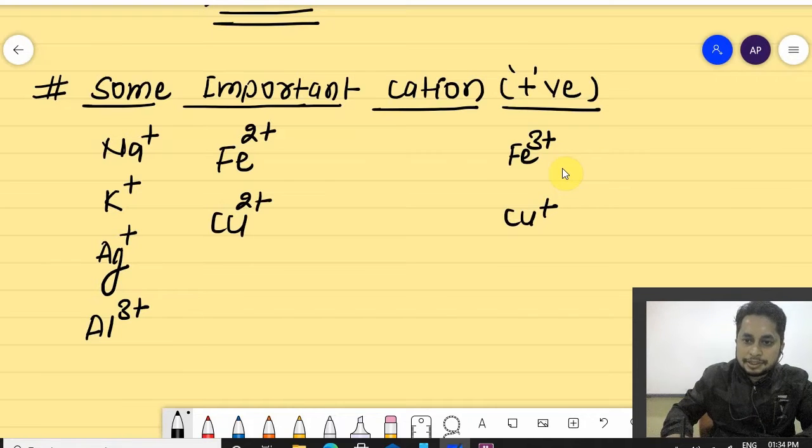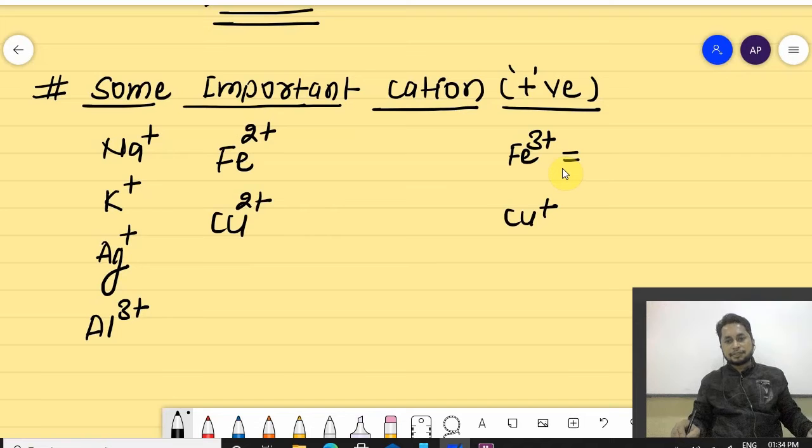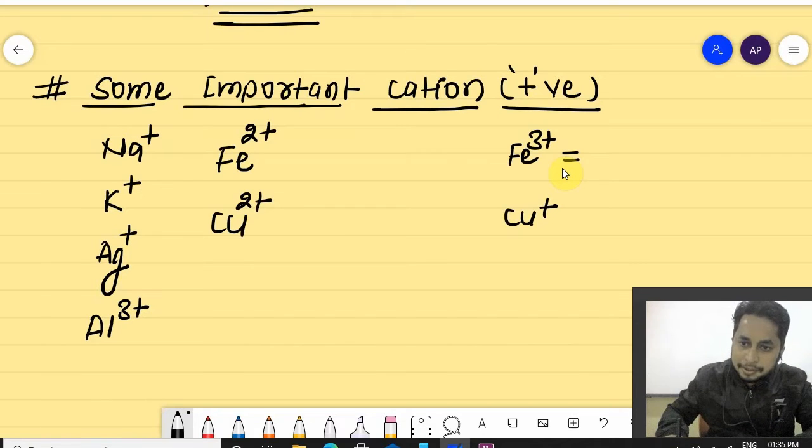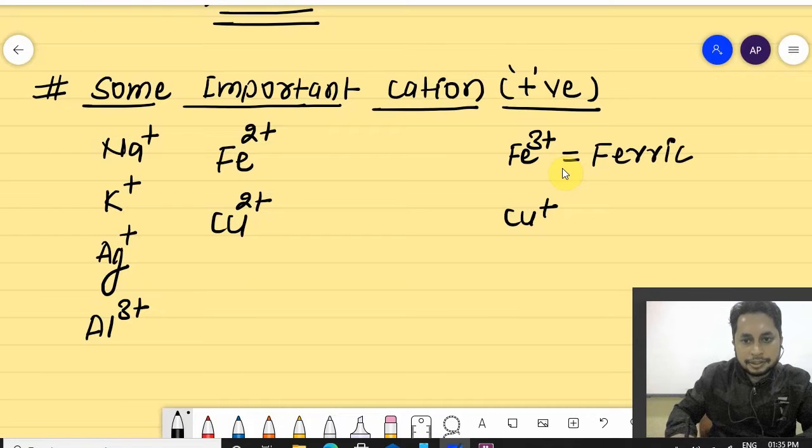Higher oxidation state is represented by using the suffix IC. So the Fe triple plus ion is called ferric. The higher oxidation state of copper is 2, and this is called cupric.